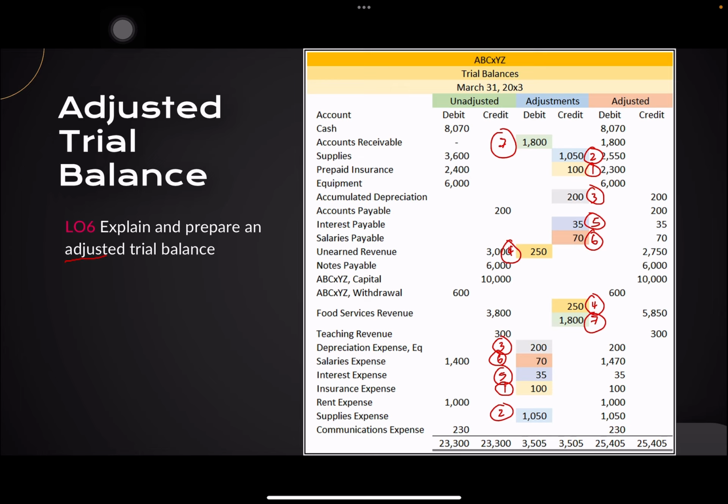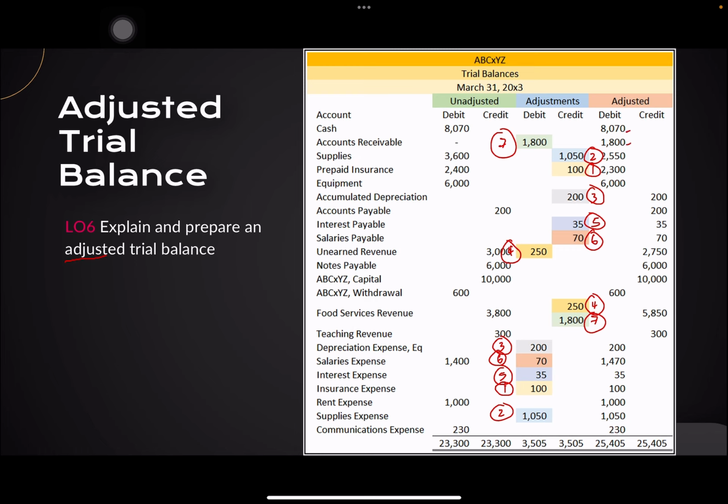For your accounts receivable, initially you don't have any, but as a result of your adjusting entry, you recognized $1,800 worth of accounts receivable. So your adjusted amount for accounts receivable now is 1,800.